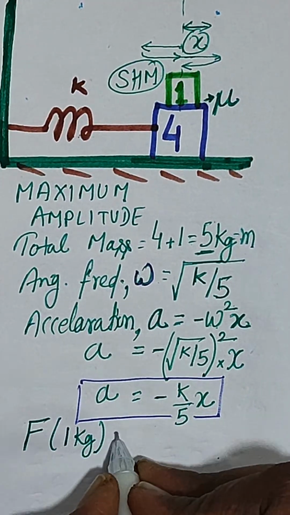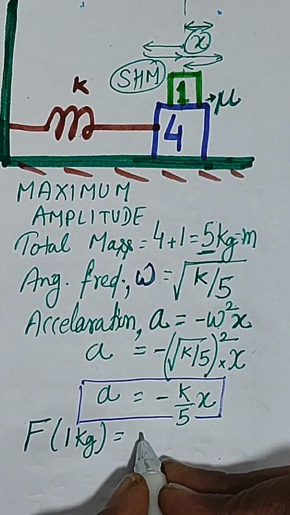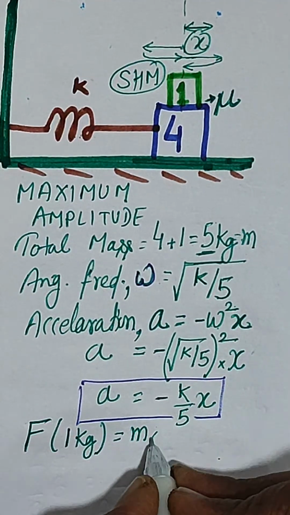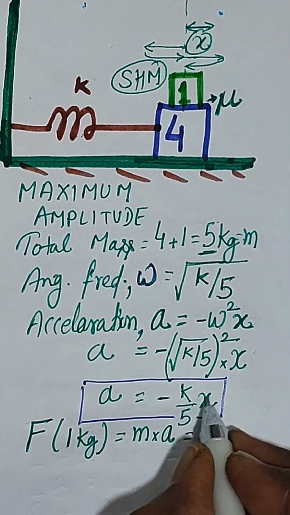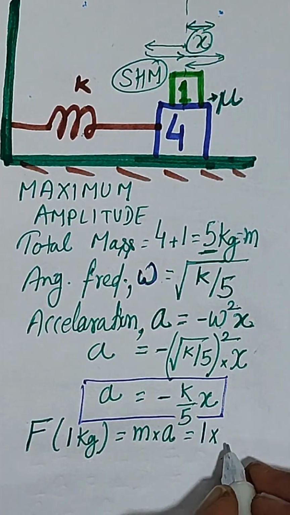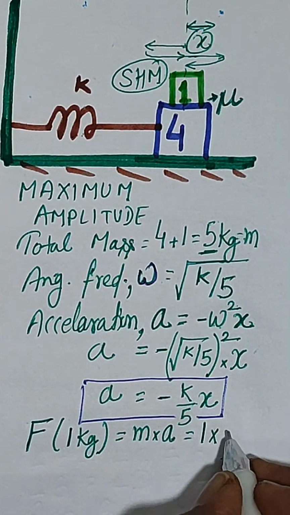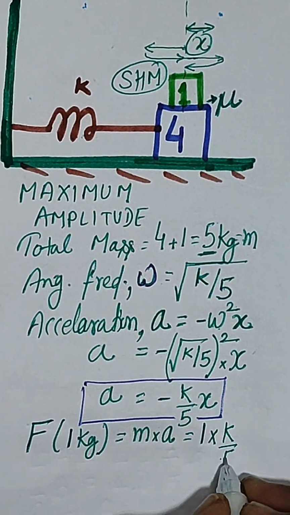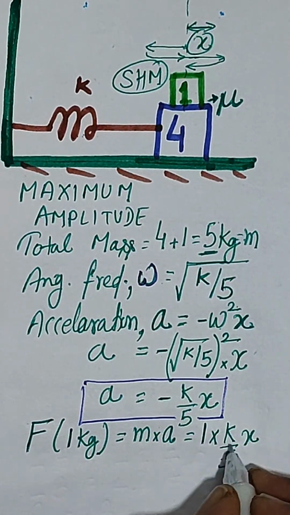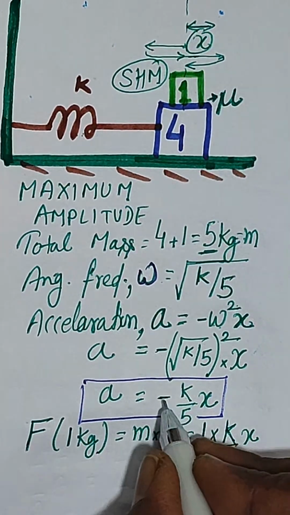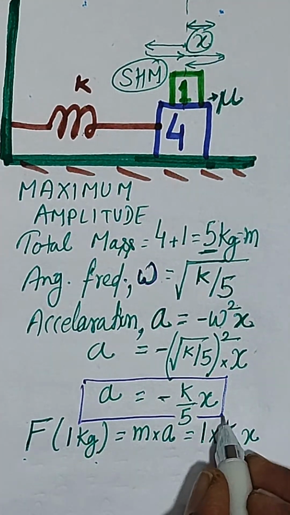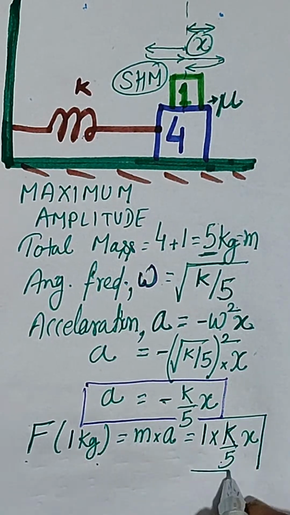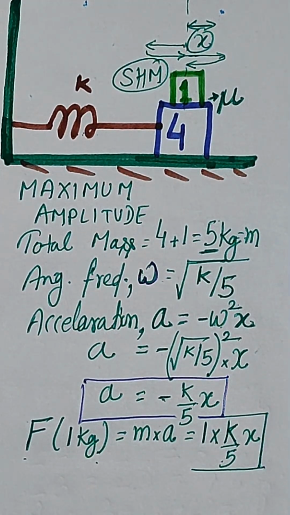Since A is known to you and mass is 1 kg, m into A is equal to 1 into k by 5 into x. I'm taking the resultant, so I'm ignoring the negative sign. So the force on the 1 kg mass will be kx by 5.